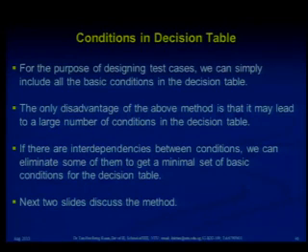But one disadvantage is that if you always do that, you may end up with too many basic conditions in the decision table, and your decision table may be quite big. The last few slides will show you how to reduce the conditions in the decision table to the minimum. That means when you have interdependent conditions, some of the conditions can be removed and need not be included in the decision table. So the last few slides show you how to do that.